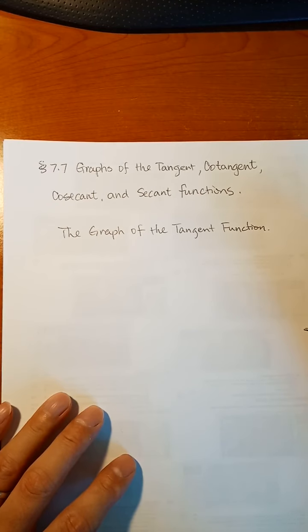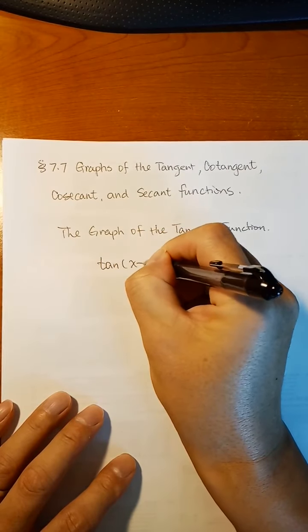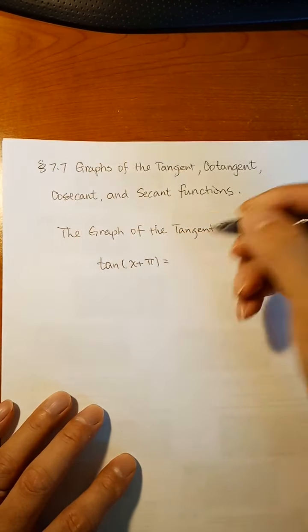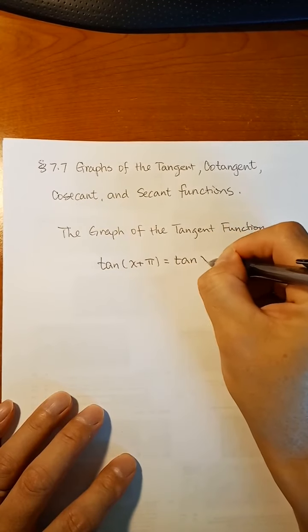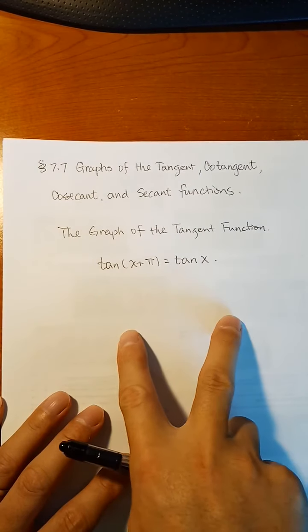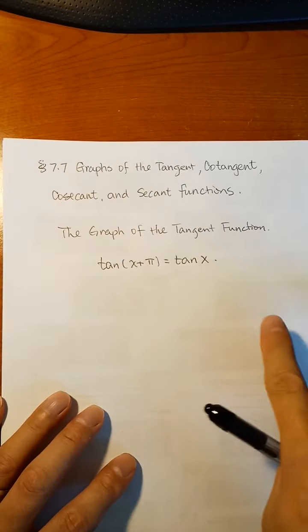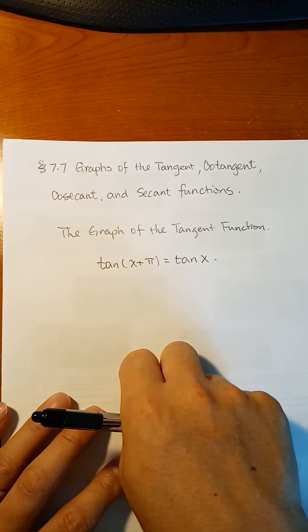The fundamental period of the tangent is pi. So we know that tangent of x plus pi is equal to tangent of x. It means if we know how to graph the tangent function over an interval with a length pi, we just repeat it, and we can get the graph of the whole tangent.